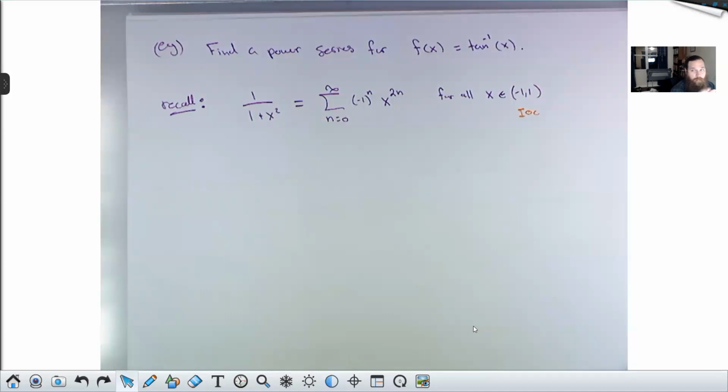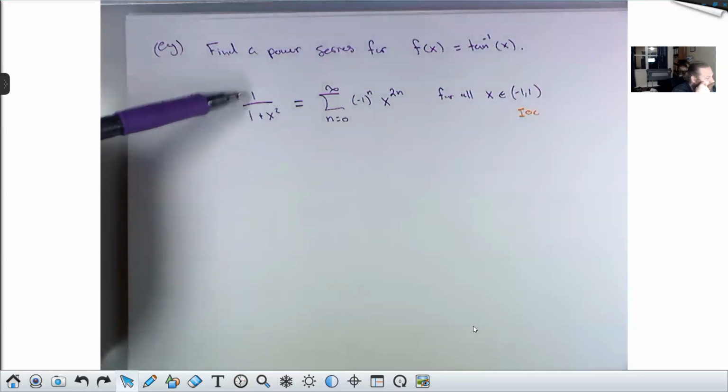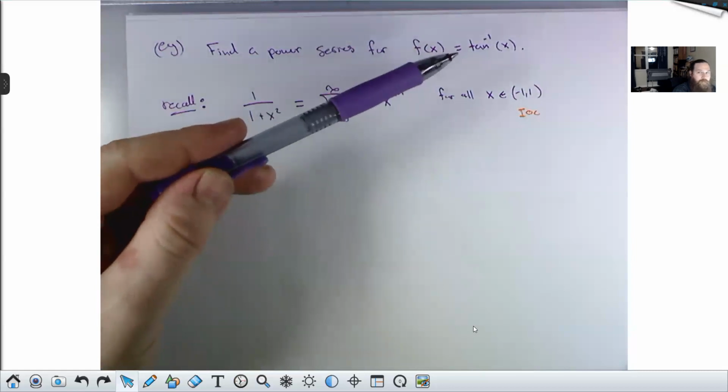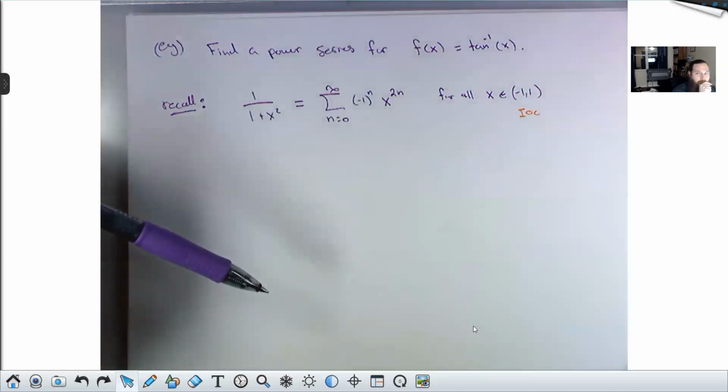What's the relationship between 1 over 1 plus x squared and the inverse tangent of x? There's two ways to say it. If I integrate this, the integral of 1 over 1 plus x squared is the inverse tangent function, arctan of x.